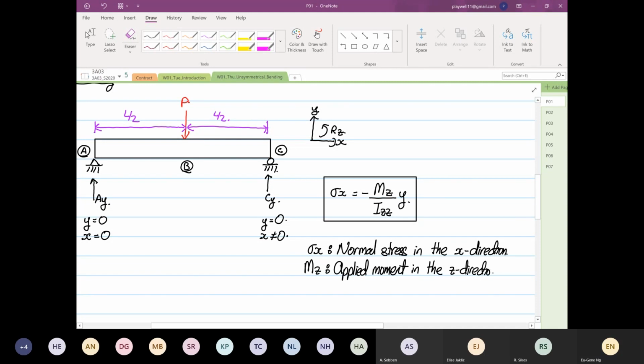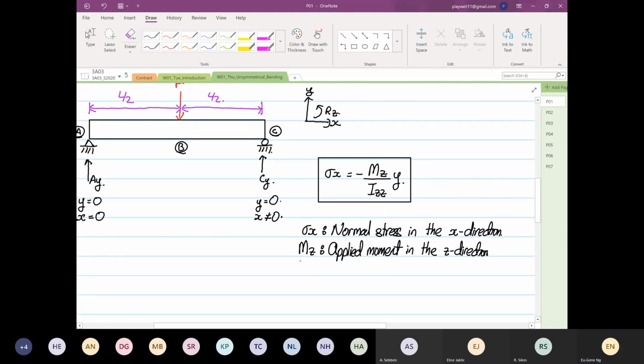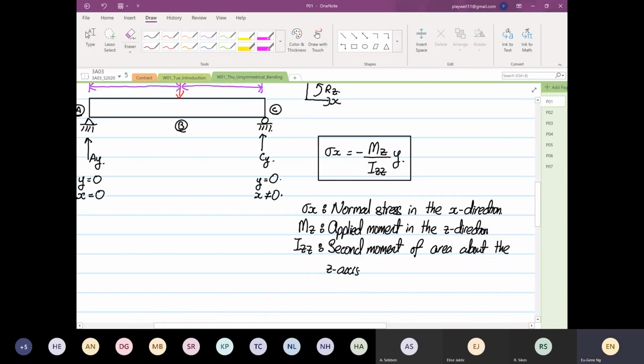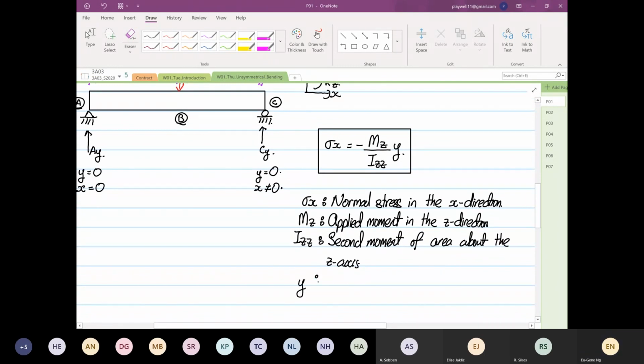The Izz is the second moment of area about the z axis. And y, you can see over here, is the y distance measured from the neutral axis.